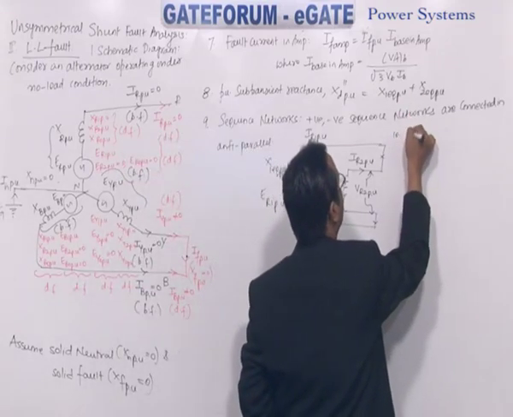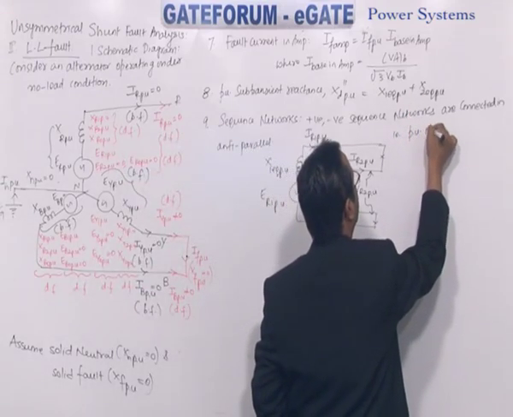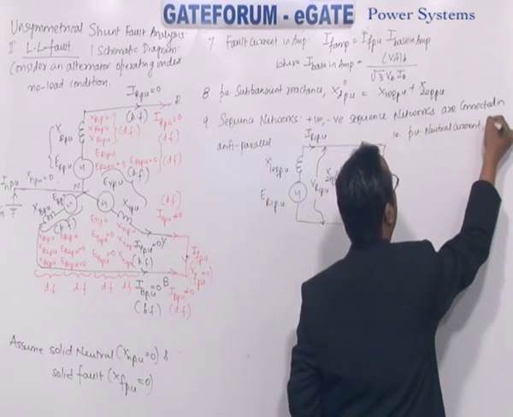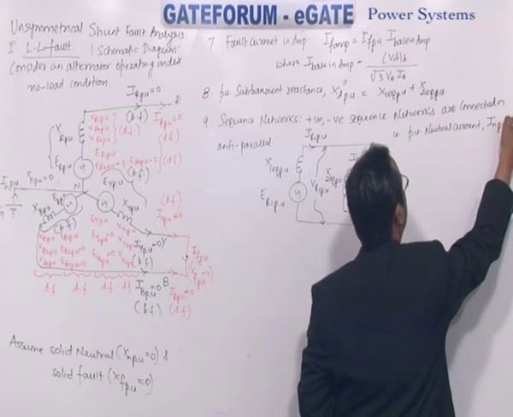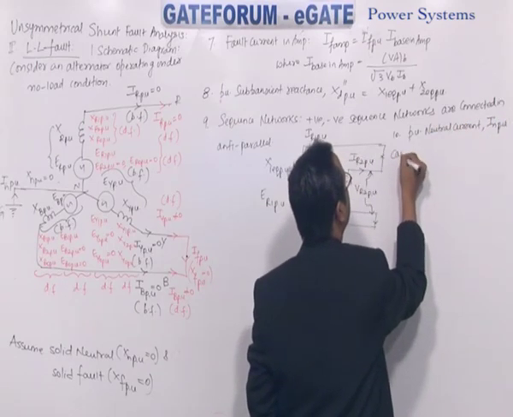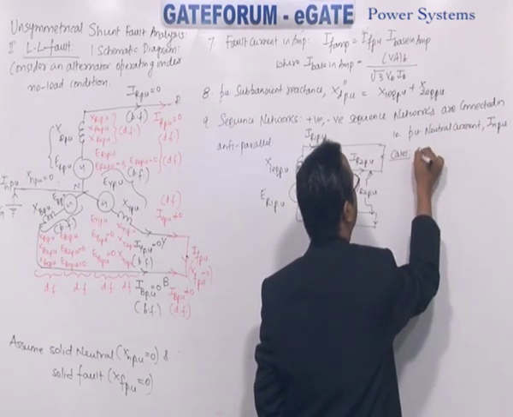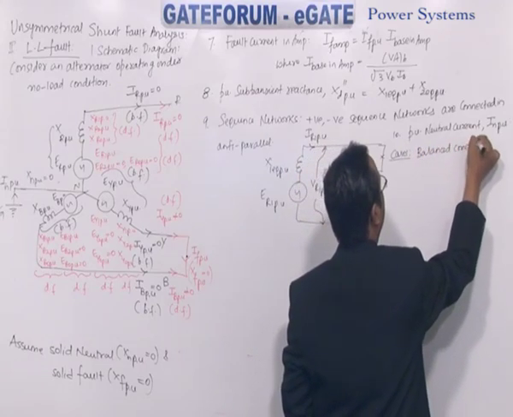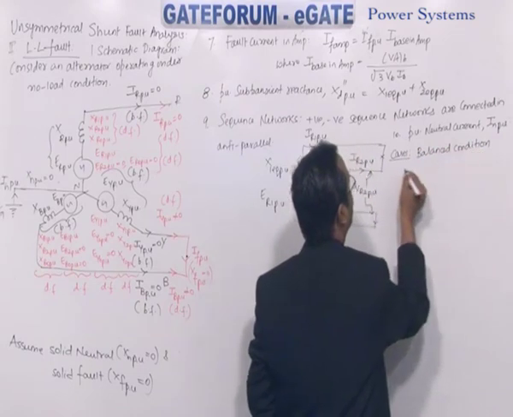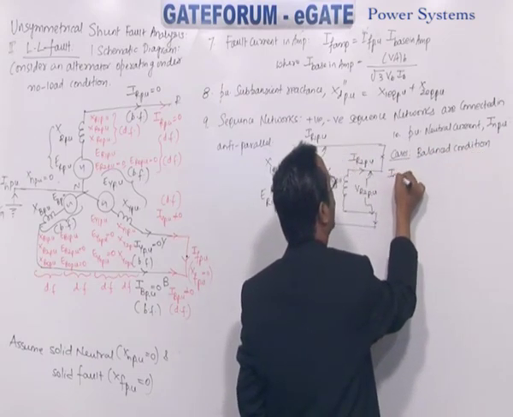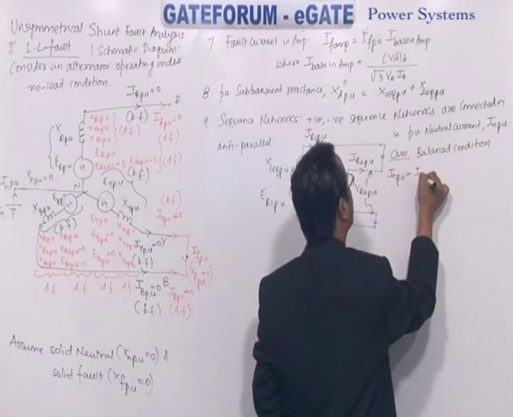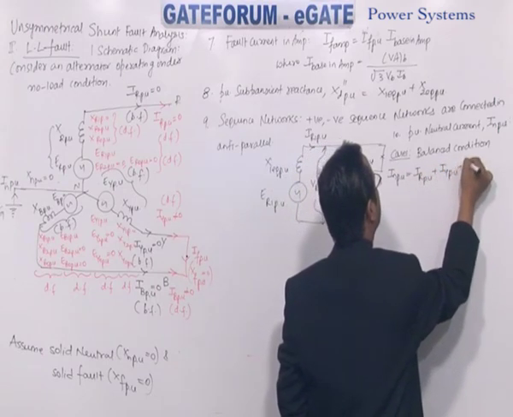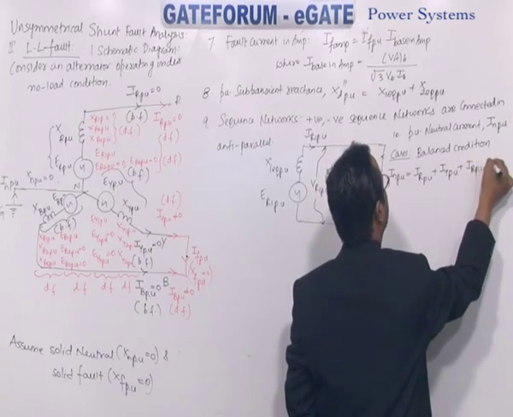Now we check the next one, the per unit neutral current. First we deal with case 1, balanced condition. So IN is equal to IR plus IY plus IB, which is 0.